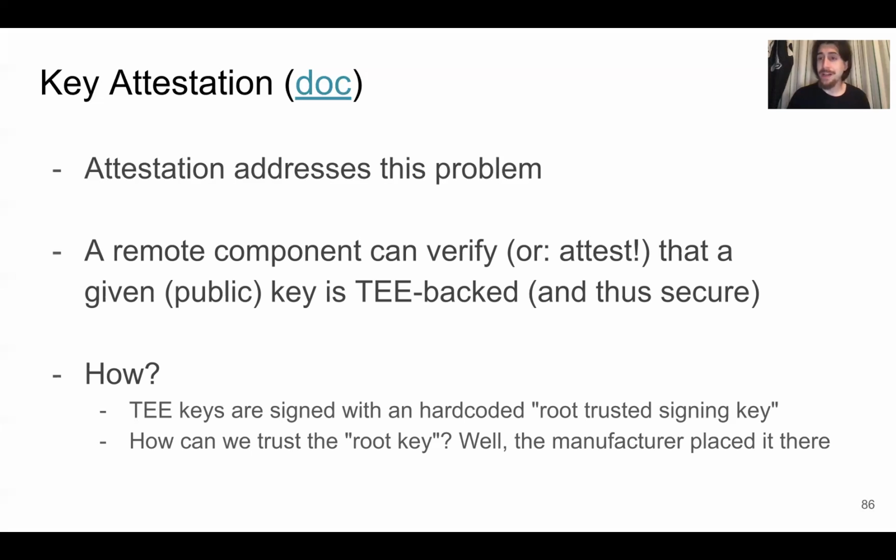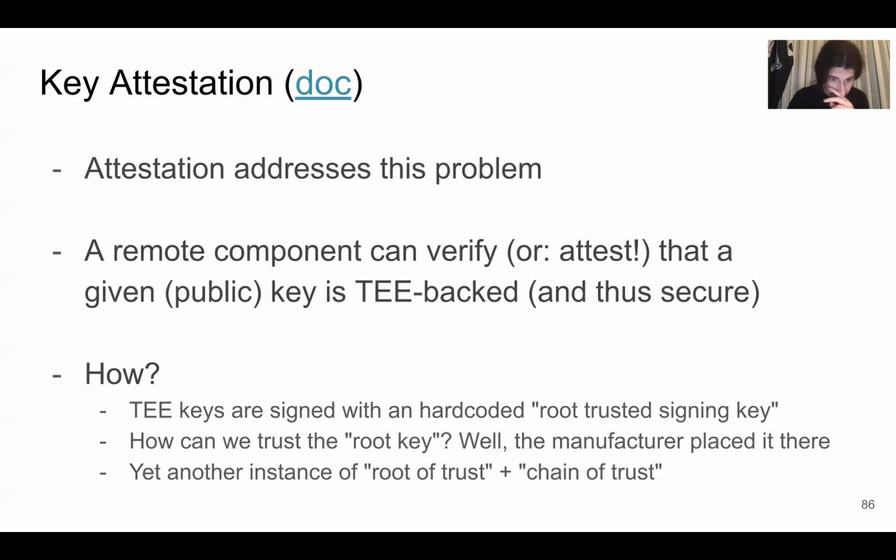And how can we trust the root key? Well, the manufacturer places it there. So on your phone, there is trust zone, and then there is some kind of key that lives in hardware and has been there from the very beginning. And it's another instance of this root of trust and chain of trust. So there is a key on your trust zone implementation, physical implementation, and the attacker cannot actually have access to it.